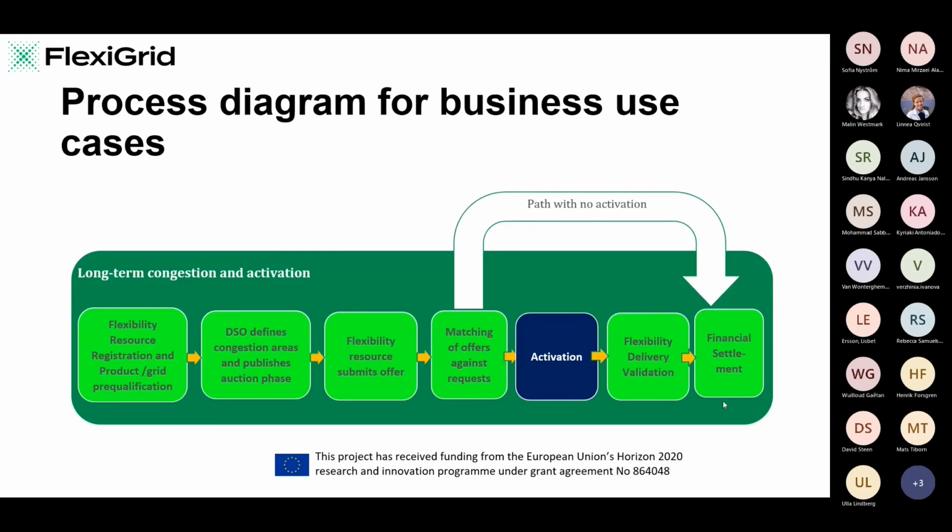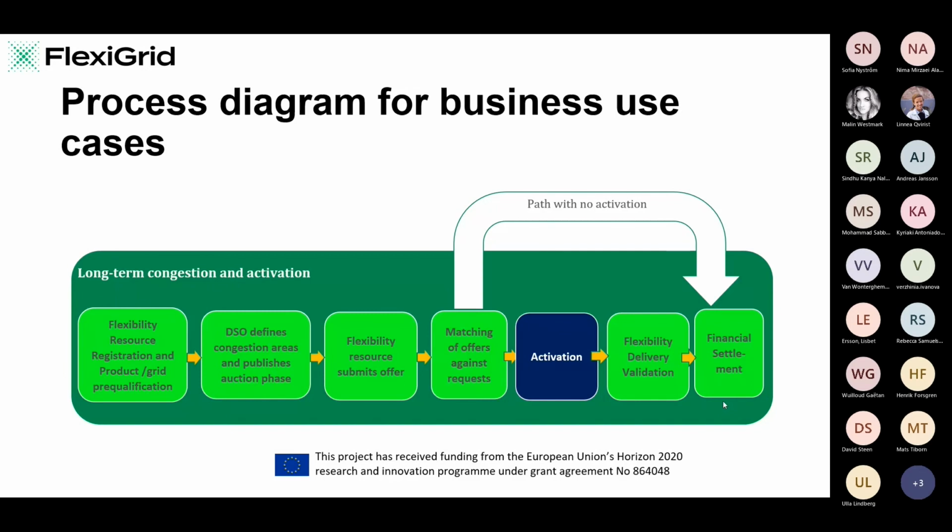Here is a kind of activation process or buying process. Of course, as mentioned in previous presentations, you have to identify or forecast where you have the flexibility and your need. But before that, we also need to have pre-qualification, a license to sell or license to buy. Then the DSO defines the congestion area or the need area, and publishes the auction phase.